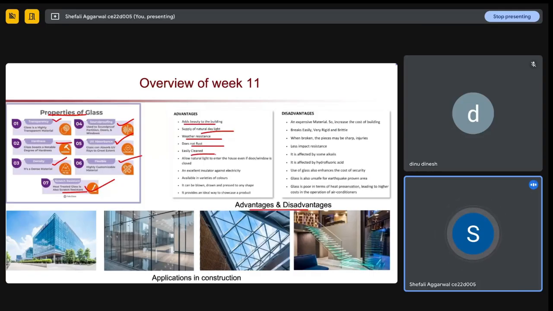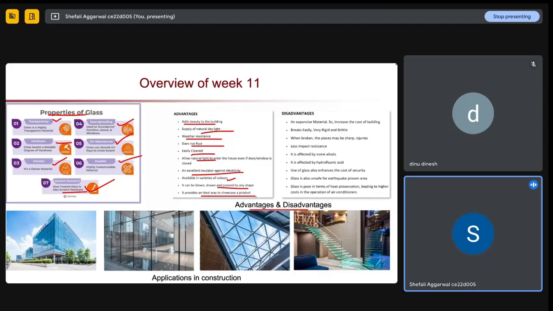It can be easily cleaned, it allows natural light to enter, and it is a good insulator against electricity. It is available in various colors, can be drawn or pressed to any shape, and it provides an ideal way to showcase a product.